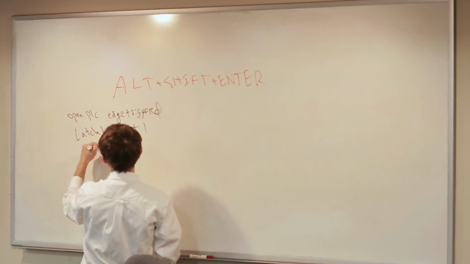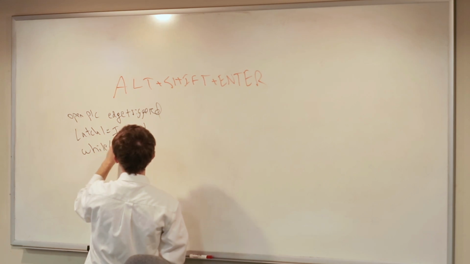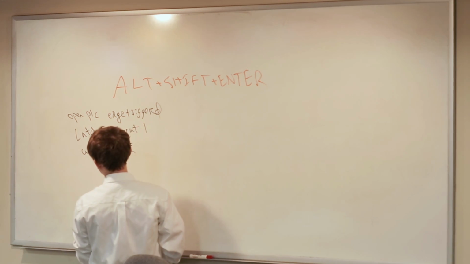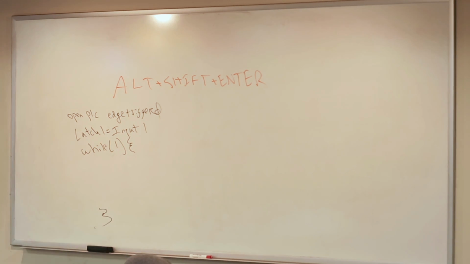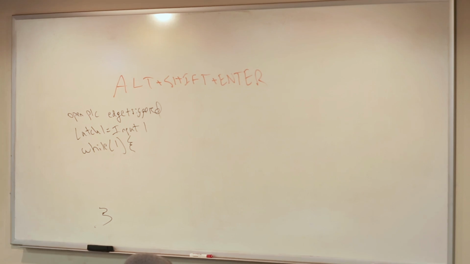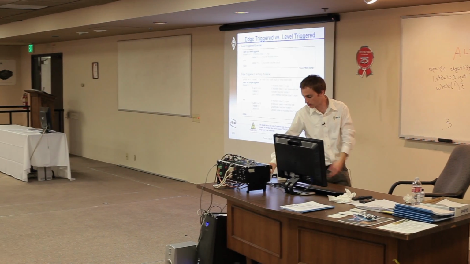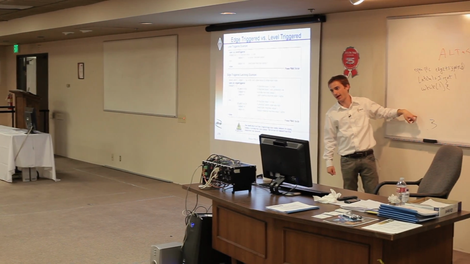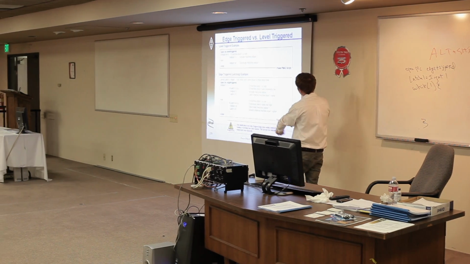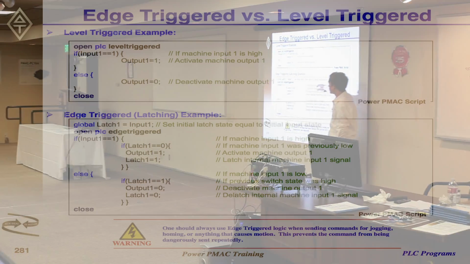And then you have while 1. And then inside here, we put the rest of the contents of the program. And that way, if you happen to turn off the PLC and then turn it back on, it'll reinitialize the latch.